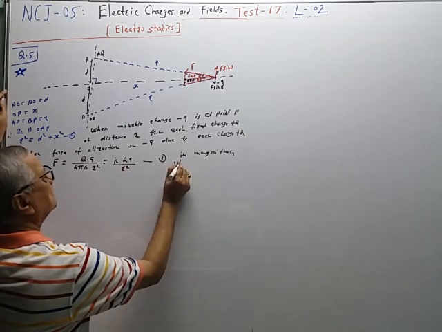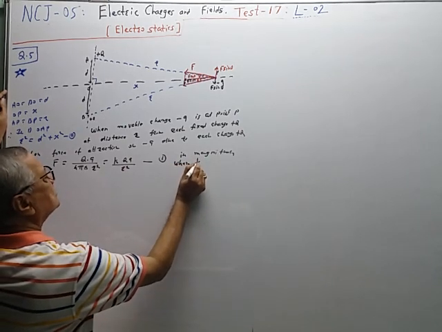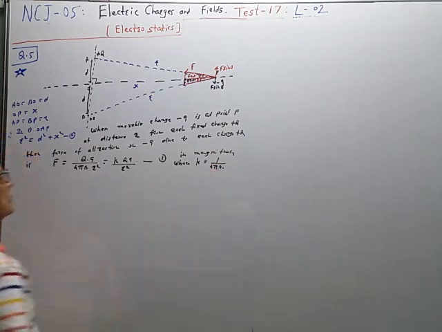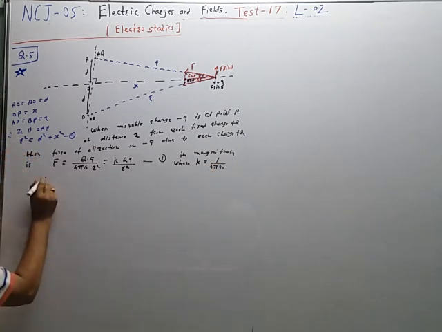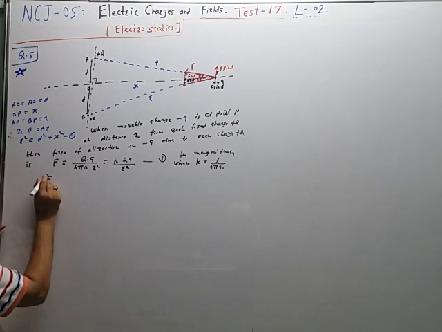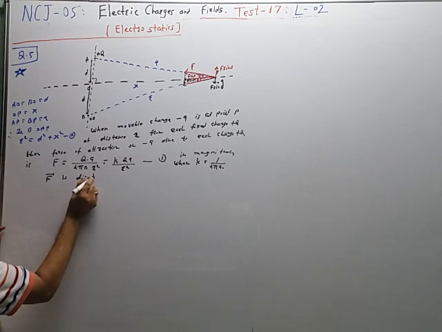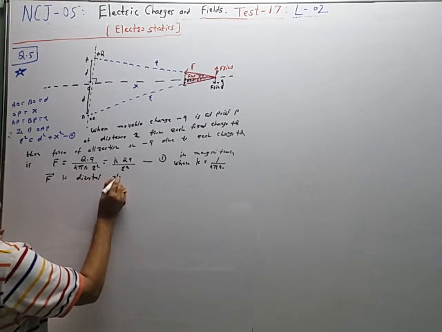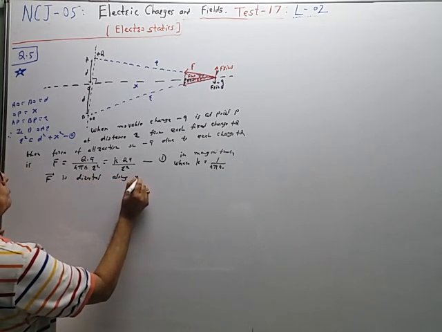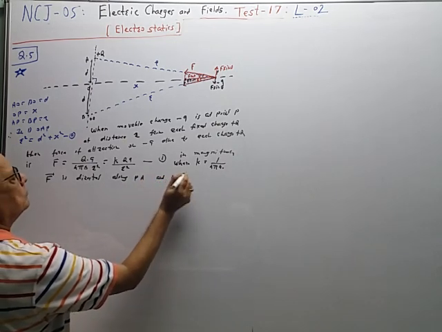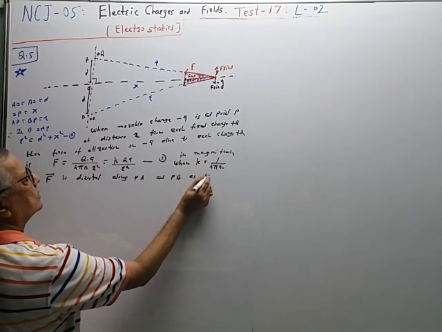Where k is substituted for 1 upon 4 pi epsilon naught. F is directed along PA and PB as shown in figure.